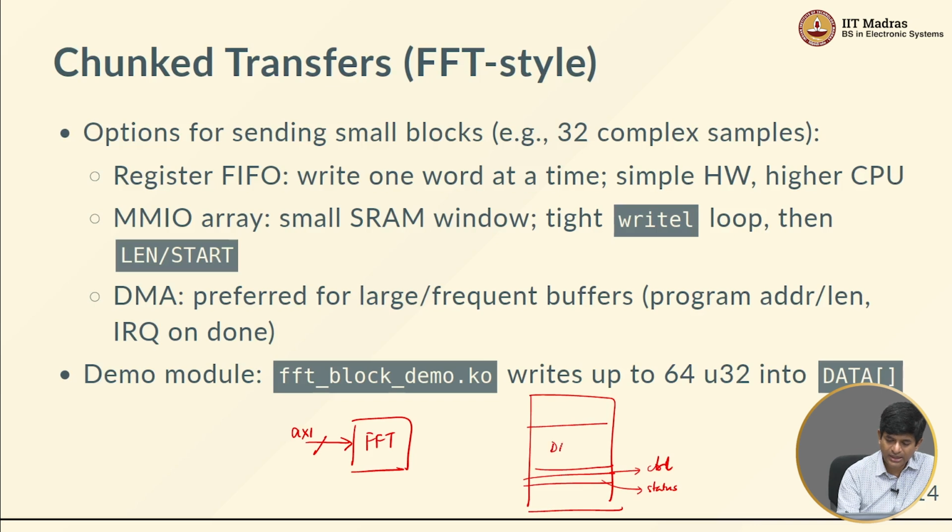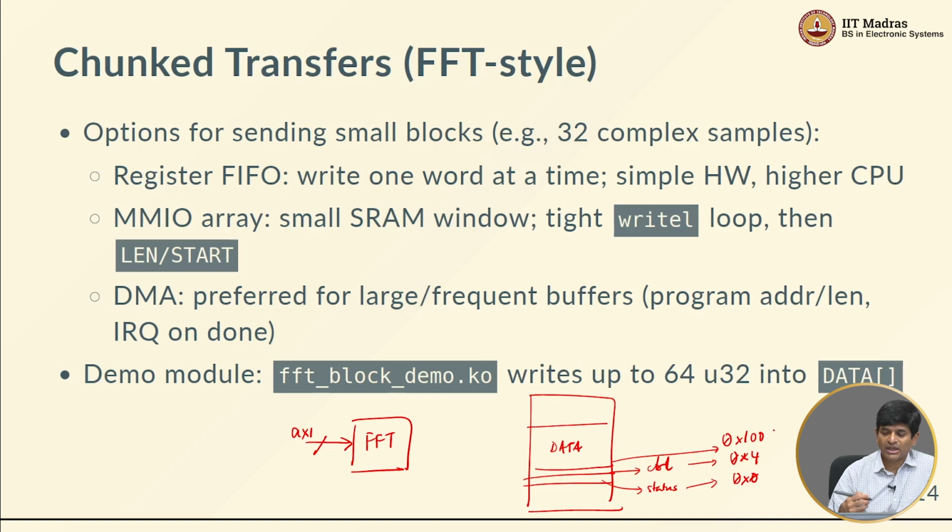And then over here I have what I call data. Maybe my status register corresponds to the address 0, the control register corresponds to the address 4, and the data register starts from an address 100. Why 100? Just a random number that I picked.